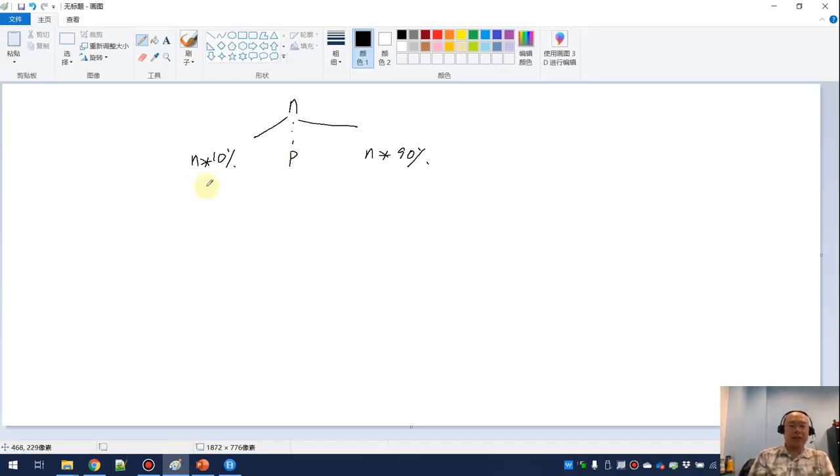After that, let's do another partition. For another pivot, we have 10% of the 10%, so only 1% on one side, and then 9% on the other side. That is the partition of this one. And how about this one?